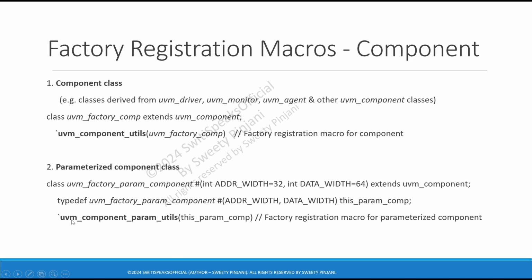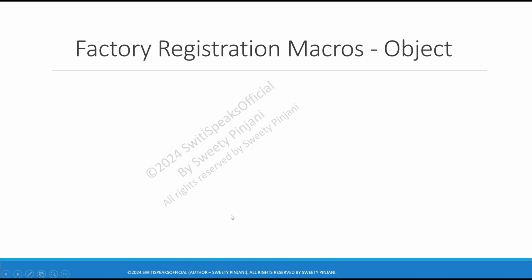And here for parameterized, you have to call UVM component param utils. For component, it was UVM component utils. For parameterized component, it is UVM component param utils, and you will pass whatever type def you have created. This is how it works. This is the syntax. Now let's see what happens for object.